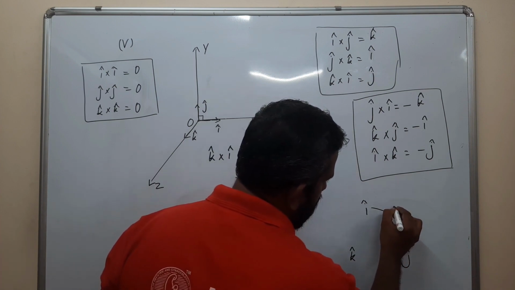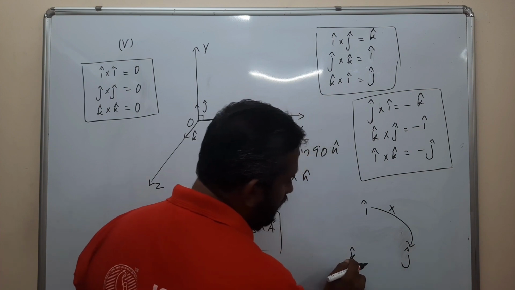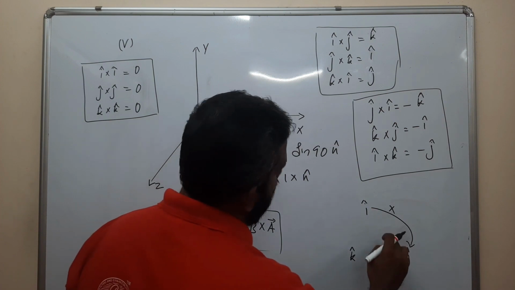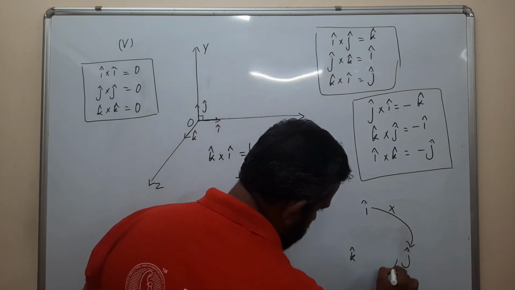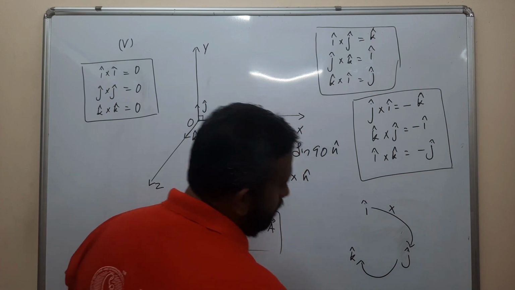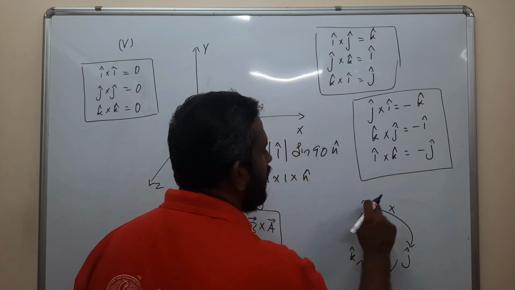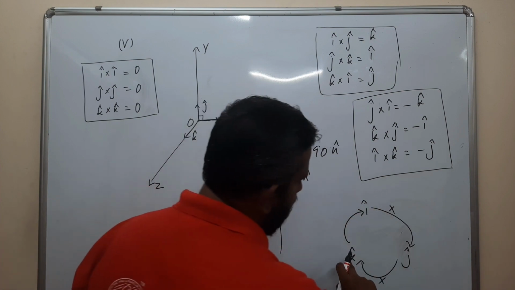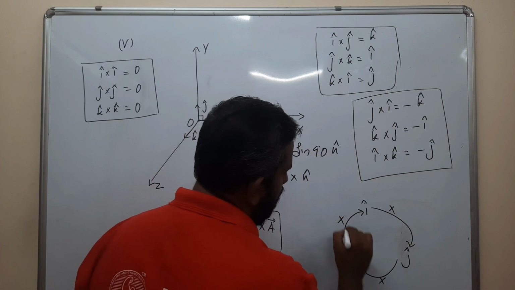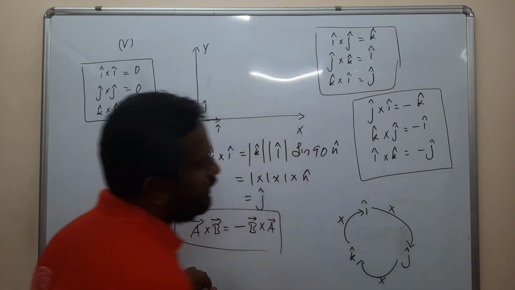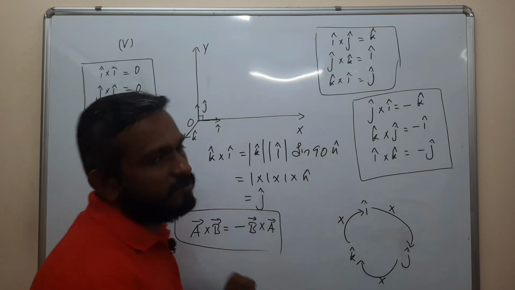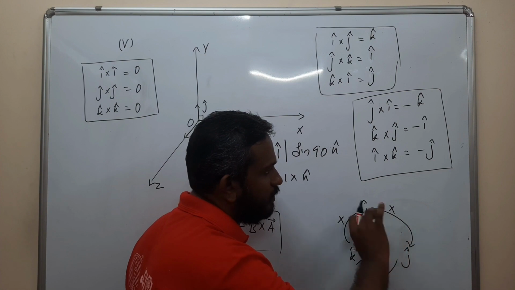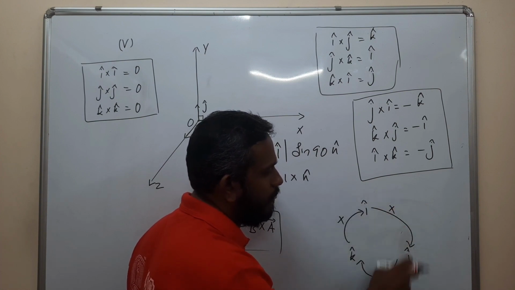I cap cross j cap, we will get k cap. J cap cross k cap, we will get I cap. K cap cross I cap, we will get j cap. That is in the clockwise direction.